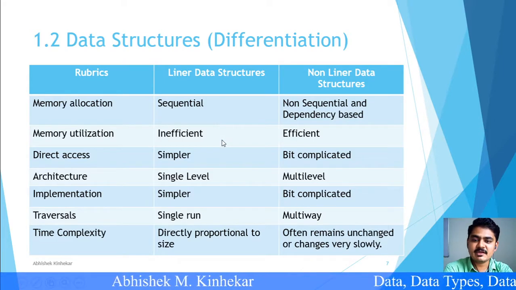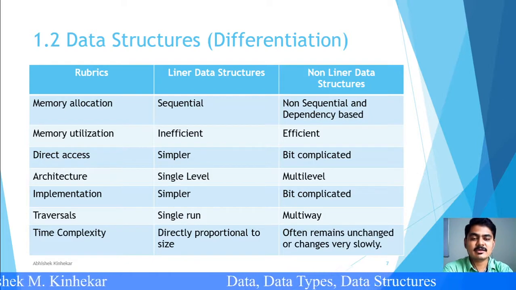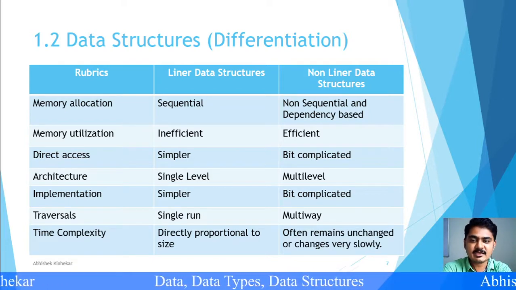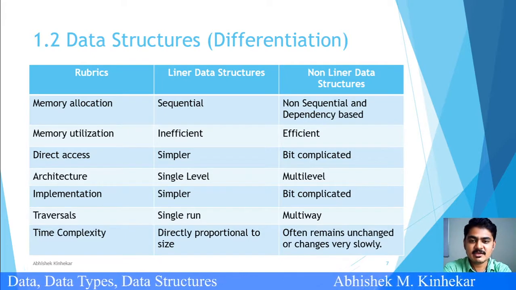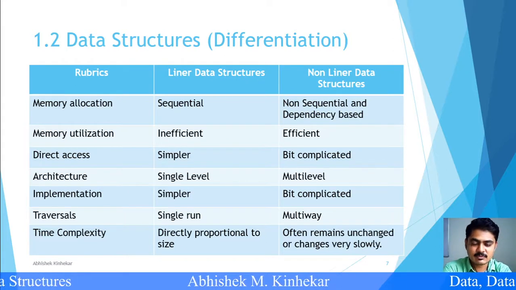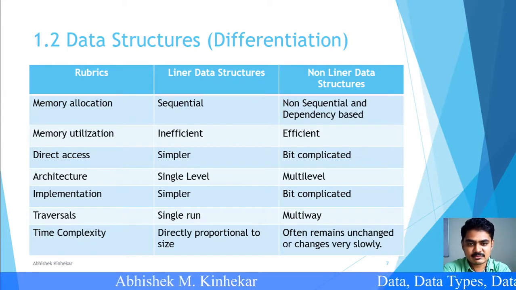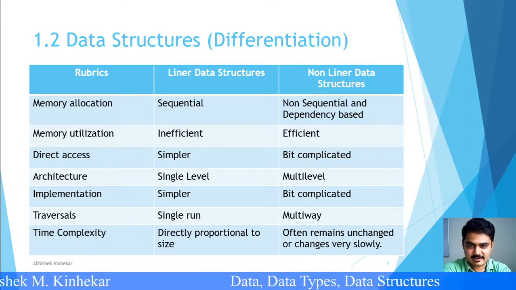We know that if I declare an array of size 10, I get 10 memory locations. If I say int ARR[10]; that simply means I have declared an array ARR of type integer of size 10. So what will happen? The size of integer is 2, so 2 into 10, 20 bytes will be allotted to ARR.